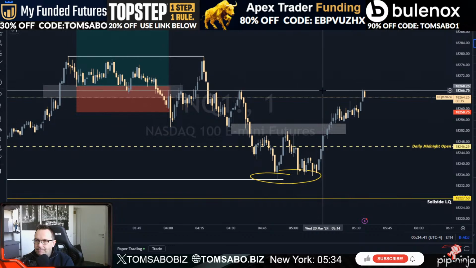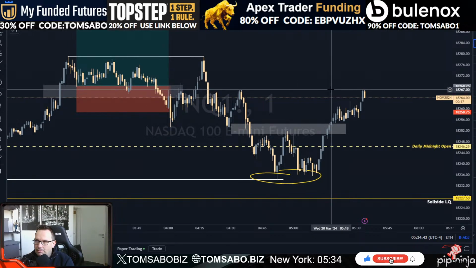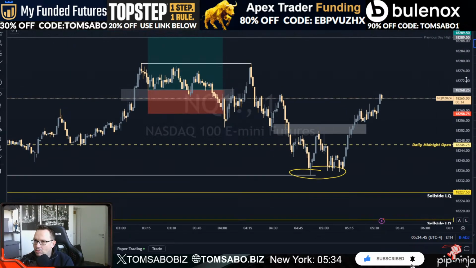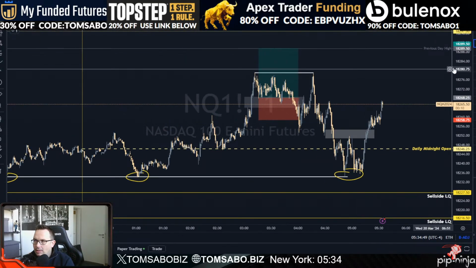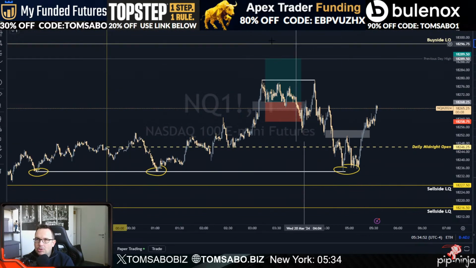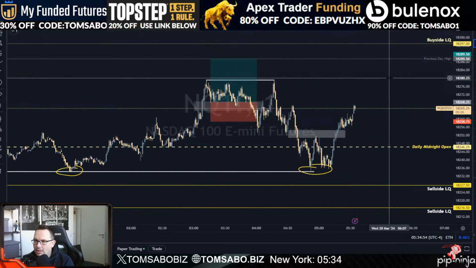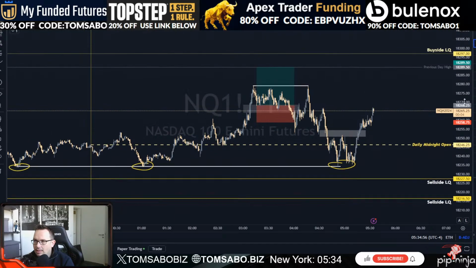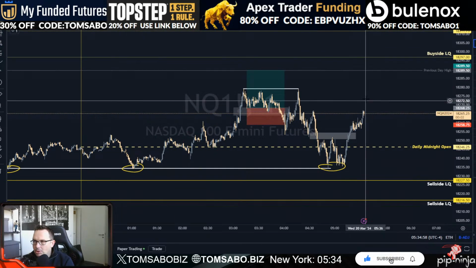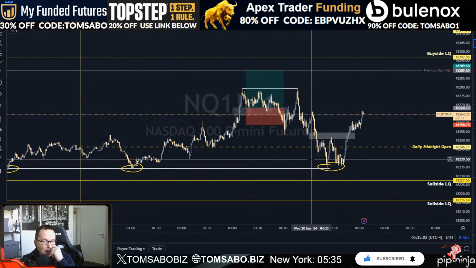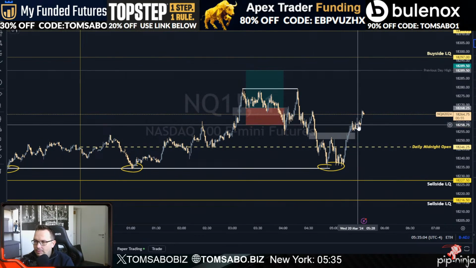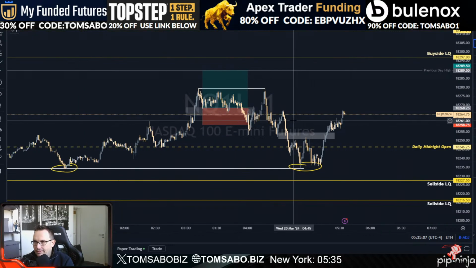And now I'm just really confused where this one should go or could go. Relative equal highs up there. If we are bullish biased for the day until the FOMC at least, then this could be pushing once more to yesterday's high. But look at the volume, where it's definitely slow.